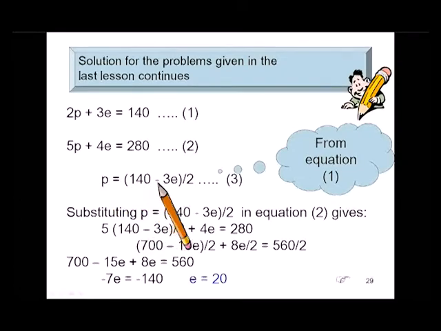P equals 140, take 3E, divided by 2, equation 3, we get that from equation 1.